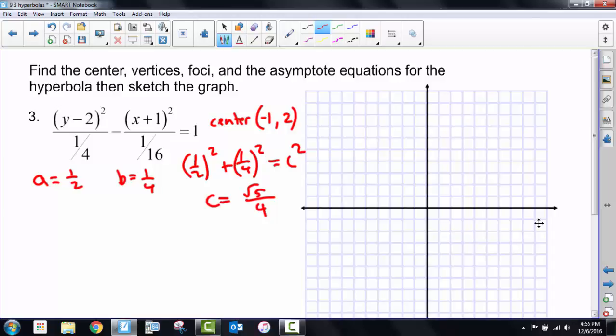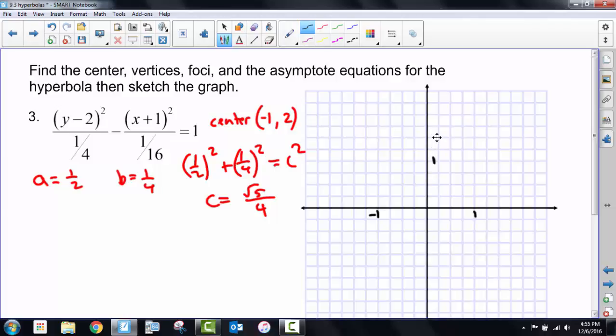Now, I have the advantage of looking ahead on this problem, and so I know that I really want to change the scale on this graph. Instead of counting by ones like we typically do, I'm actually going to count every 4 spaces as 1.